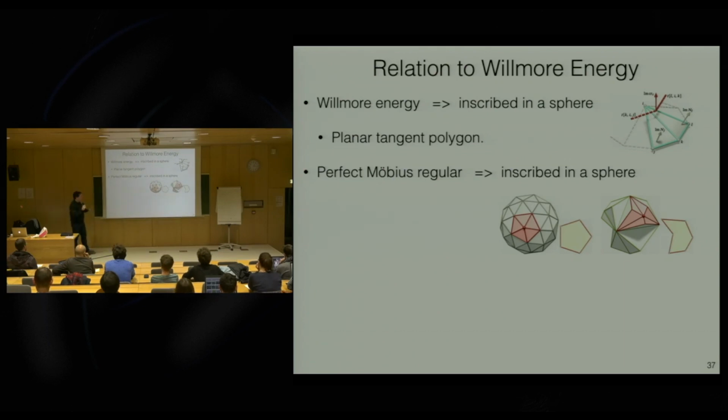That means also that the tangent polygon is convex. So they have convex angles adding up. But they said, well, there are cases that are only inscribable if you allow the angles to be this way. So it's not convex. So this kind of combinatorics can only be inscribed in a sphere, discrete Willmore energy 0, if you allow for non-convex tangent space.